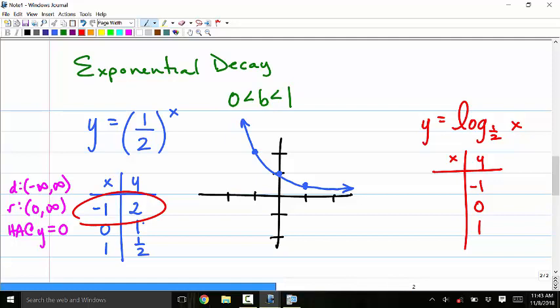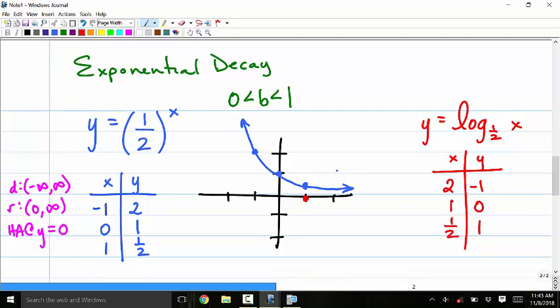Instead of -1, 2, it's going to be 2, 1. Instead of 0, 1, it's going to be 1, 0. And instead of 1, 1/2, it's going to be 1/2, 1.